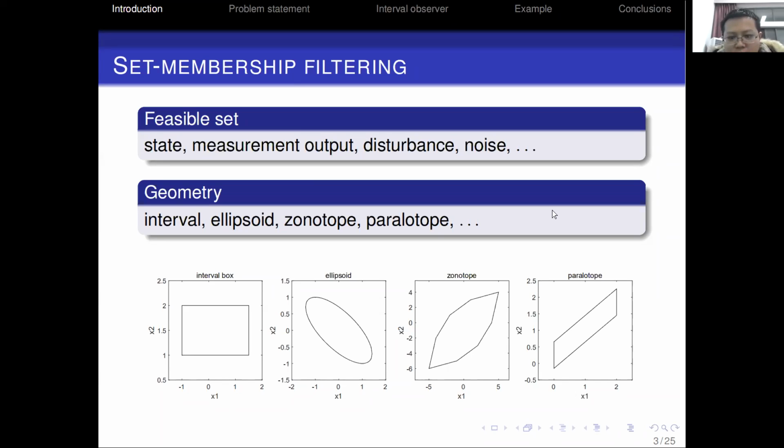In this figure, we have 4 typical geometries, such as the interval or the cube. If we draw this interval in 2 dimensions, that will be a box. The other ones are the ellipsoid, the zonotope and the parallelotope.